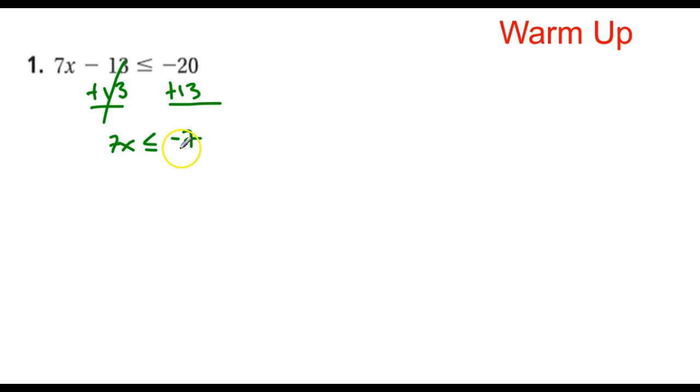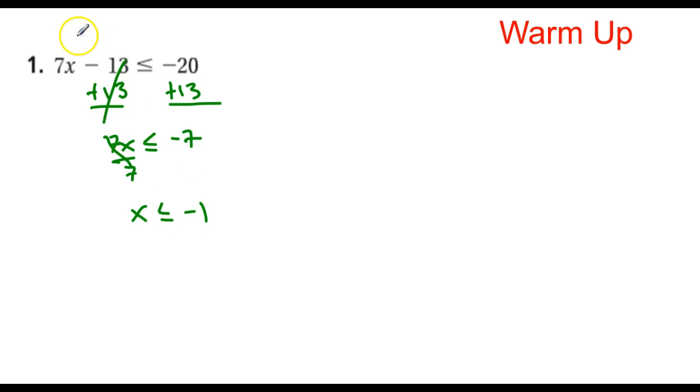Divide both sides by 7. Now just because there's a negative in the problem doesn't mean we have to flip the sign. It's if we're dividing by a negative. Here I'm not dividing by a negative, I'm dividing by a positive 7. So I don't flip the sign. And this is x is less than or equal to negative 1.